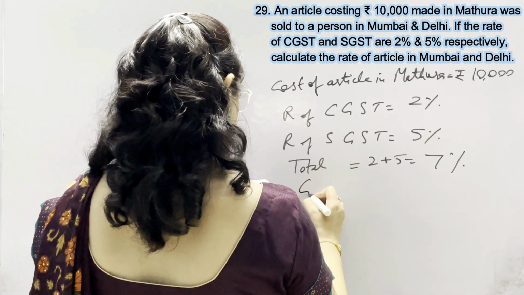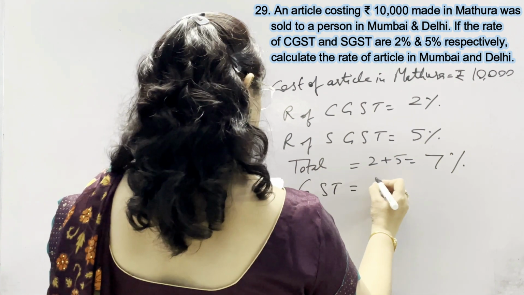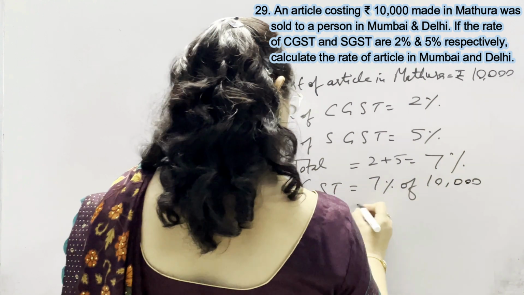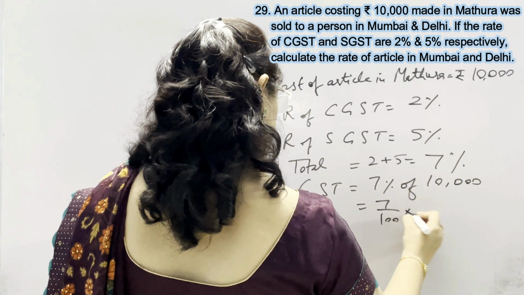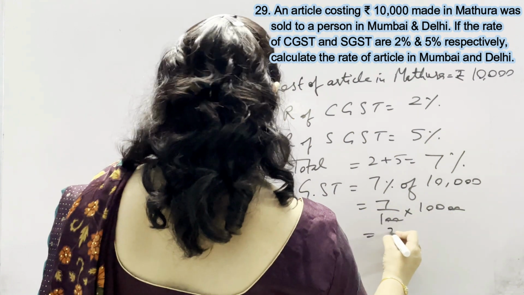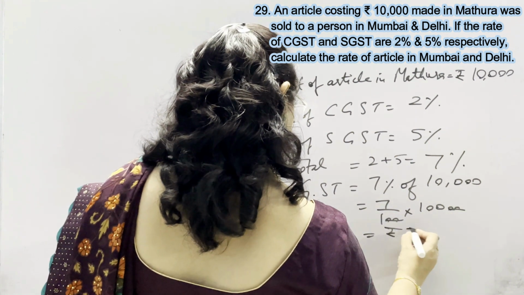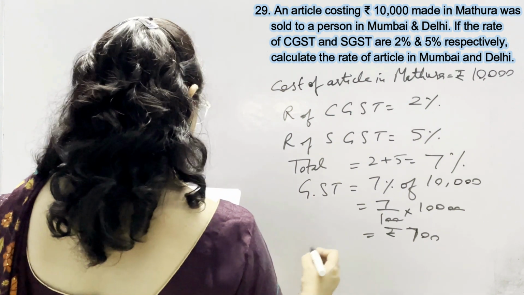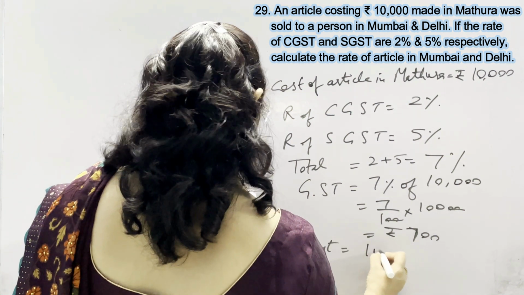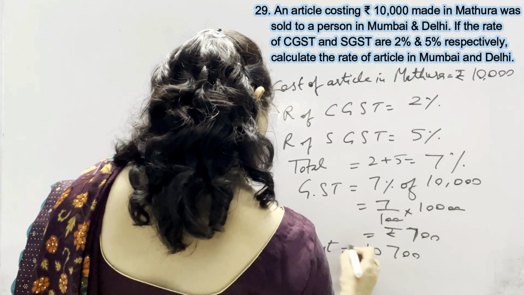Now the amount of GST paid is 7% of 10,000. So 7% of 10,000. It means rupees 700 we have to pay as GST. So total cost of article is 10,700 rupees.